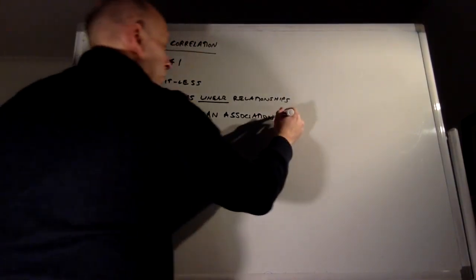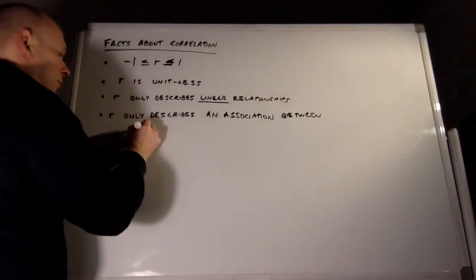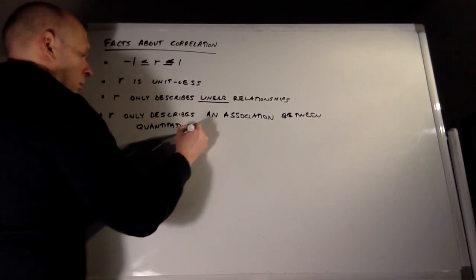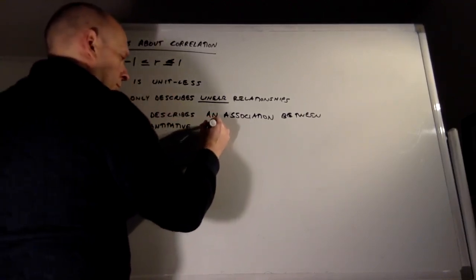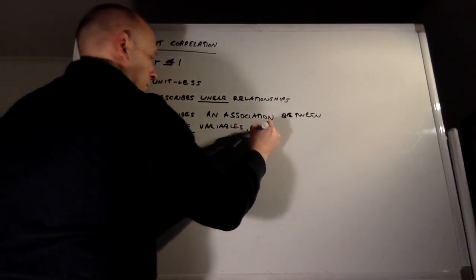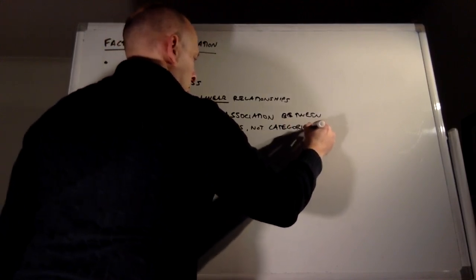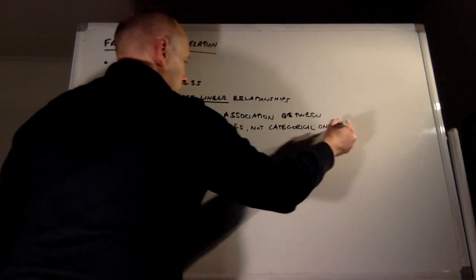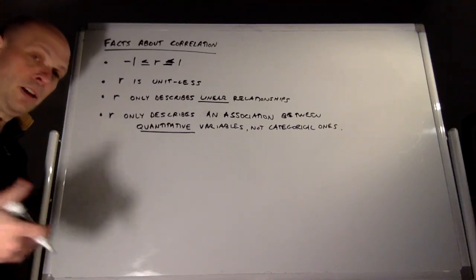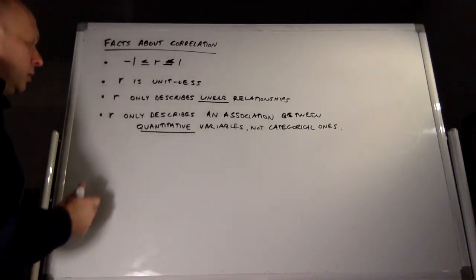R only describes an association between quantitative variables, not categorical ones. So we're not going to use R if we are describing the association between gender and study habits, right? Can't do that with categorical variables. You can only do it with quantitative variables.